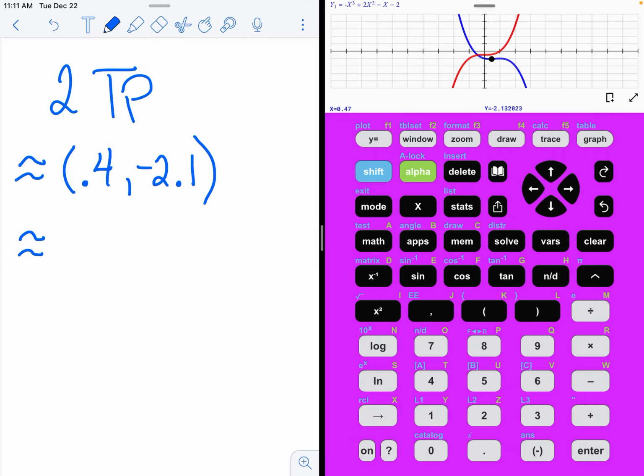Now just look at this blue dot. It's getting higher and higher. When it stops getting higher and starts getting lower, I know I've reached a turning point. It is getting higher there, higher, higher.